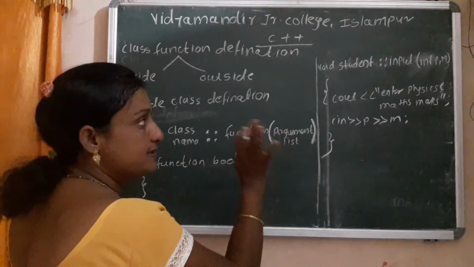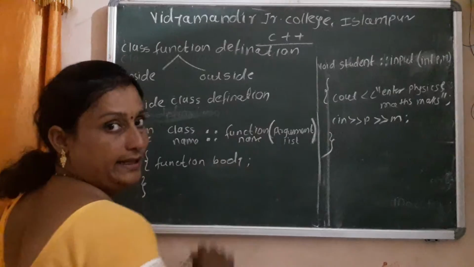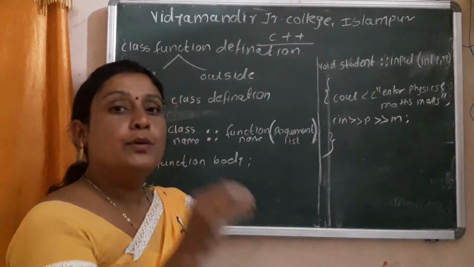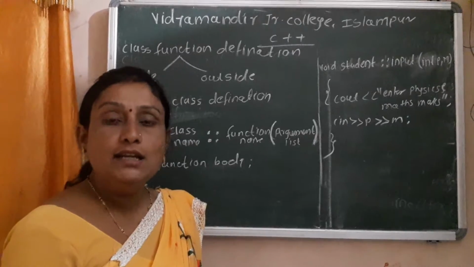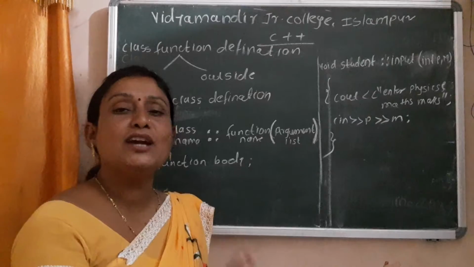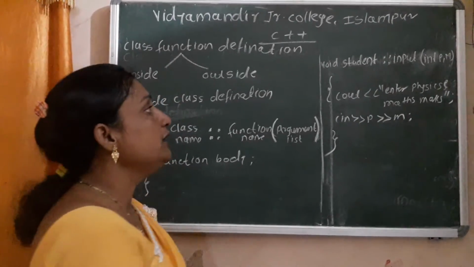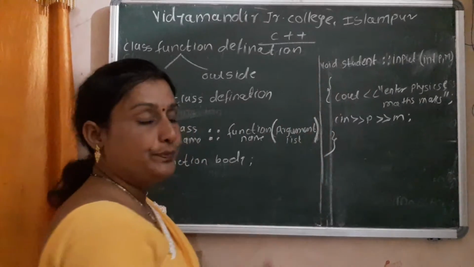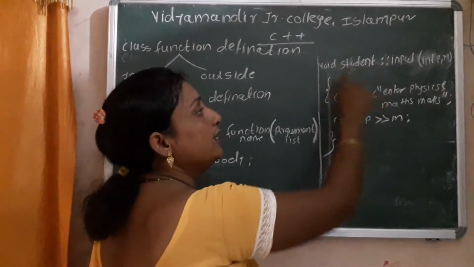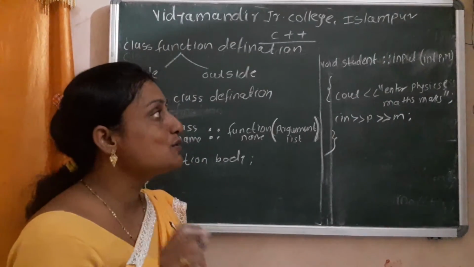In this example I use the void data type. When a function cannot return a value back to the main function, we give it the void data type. Next, for the class name I use student.